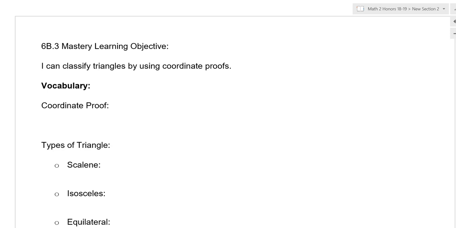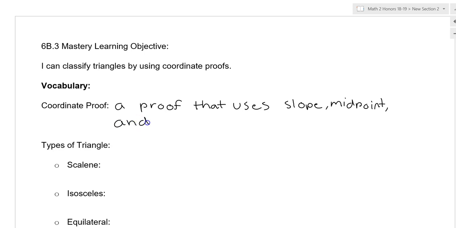A coordinate proof is a proof that uses slope, midpoint, and distance formulas. So a proof that uses slope, midpoint, and distance formula to prove something, right?